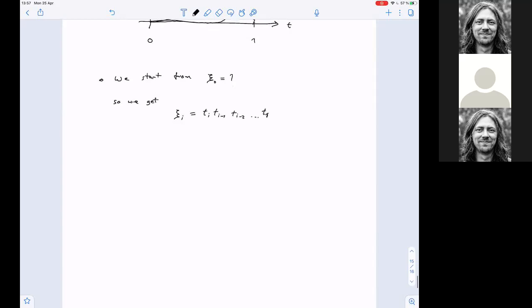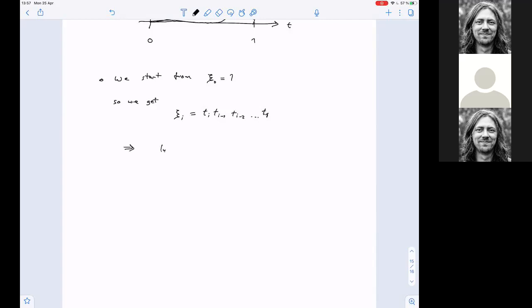So another way to express this random variable psi i is that it's just a product of i of these random variables t, and each of these random variables t_i has the same PDF, which is the PDF we just looked at.